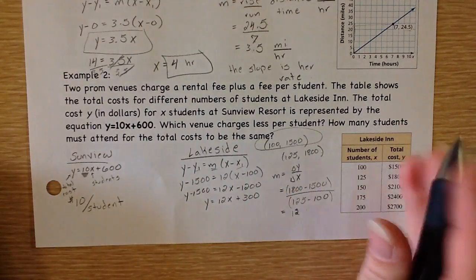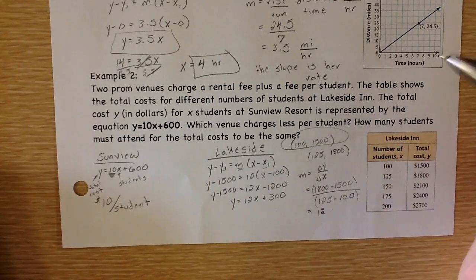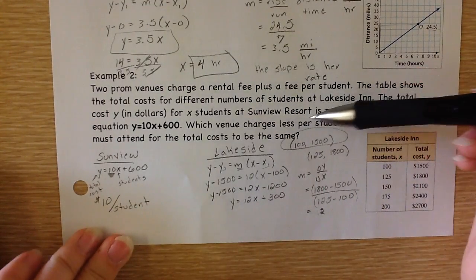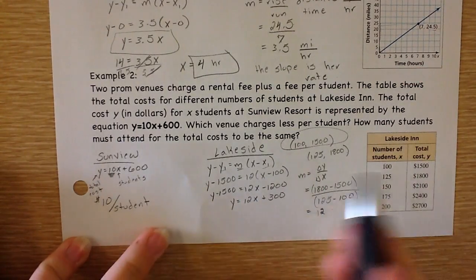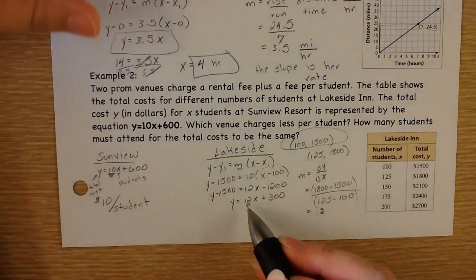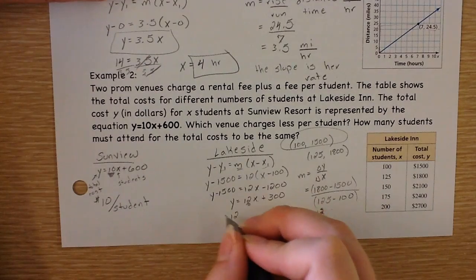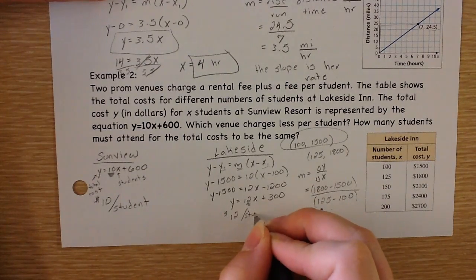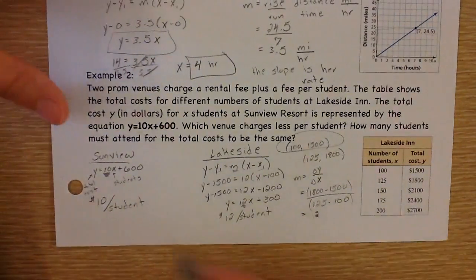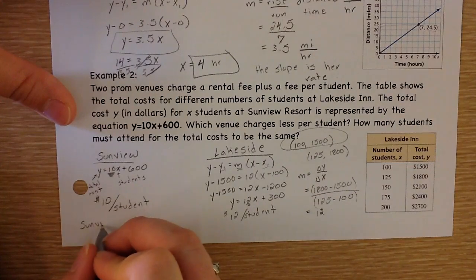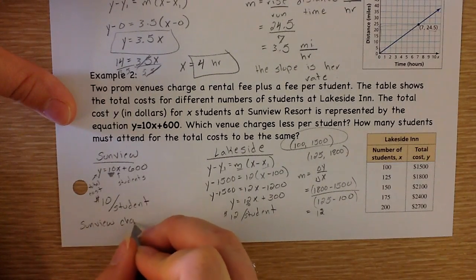Okay. All right, so it's asking which venue charges less per student. So this one was $10 per student. This one is that 12x plus 300. So this one is $12 per student. So Sunview charges less per student.